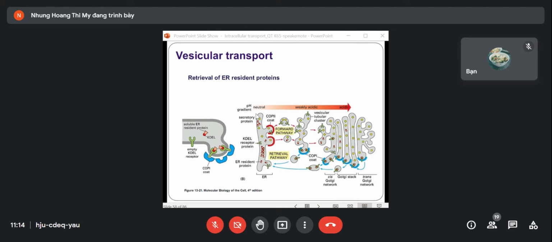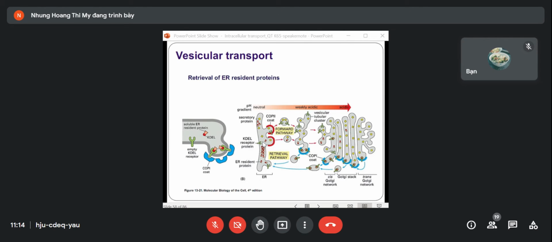And the second point here is that the binding of the KDEL protein with the receptor only happens when the protein stays at acidic pH, which is present in the Golgi apparatus.